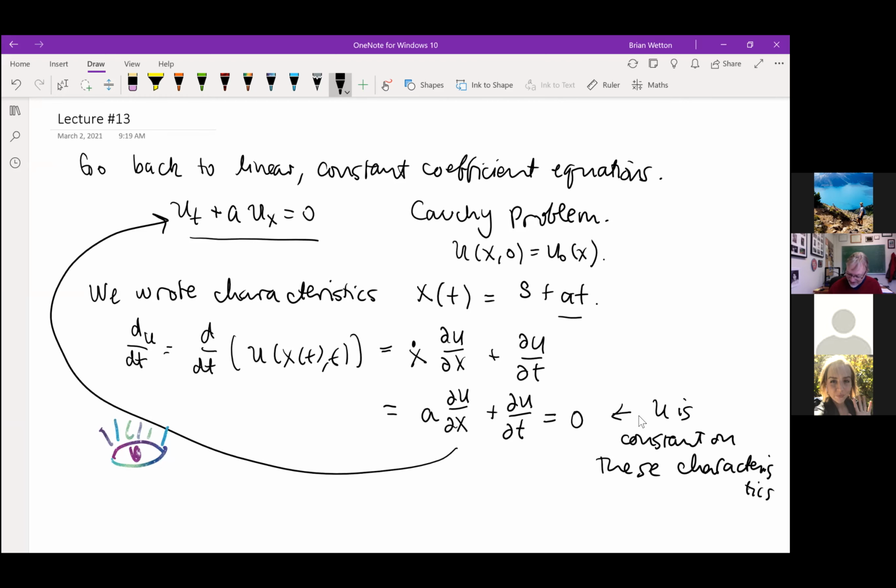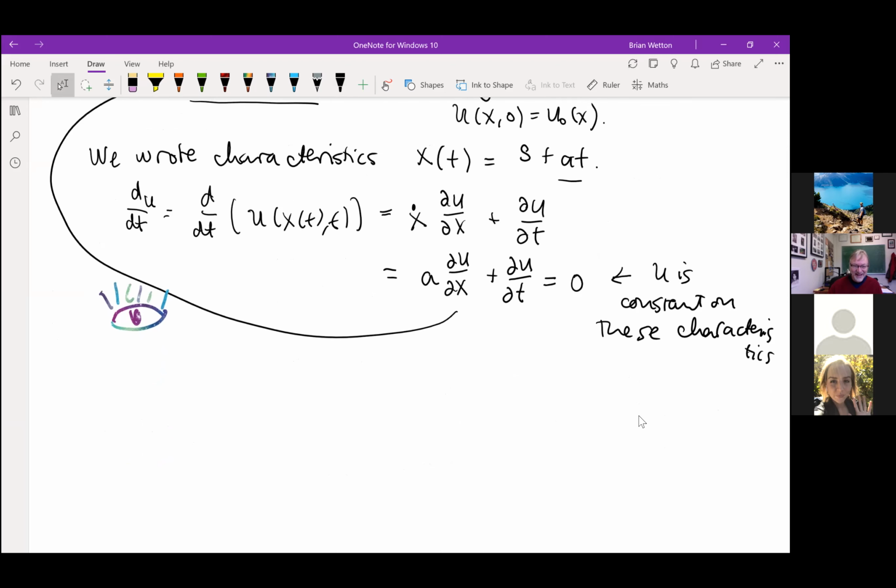Sorry, I ran out of room there. And so u on the characteristic is the same thing that it was on the initial conditions, where the characteristic came from.